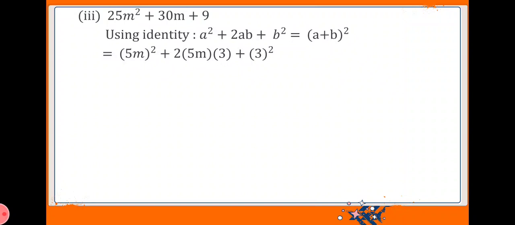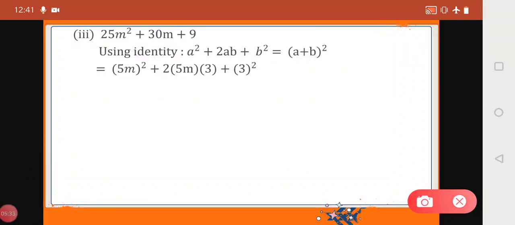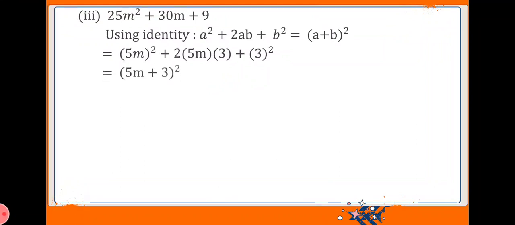Now for the last term, 9 is a perfect square of 3, so we write 3 whole square. Now for the middle term we will write 2 into first term into last term, that is 2 into 5m into 3, that is 2 5s are 10 and 10 3s are 30m, which is already given in the question. So this is the perfect square of 5m plus 3 whole square, which we can further write as 5m plus 3 into 5m plus 3.